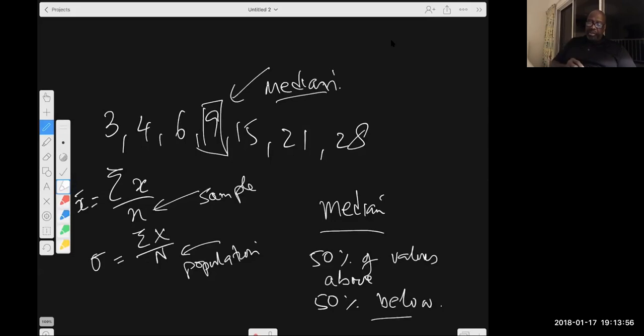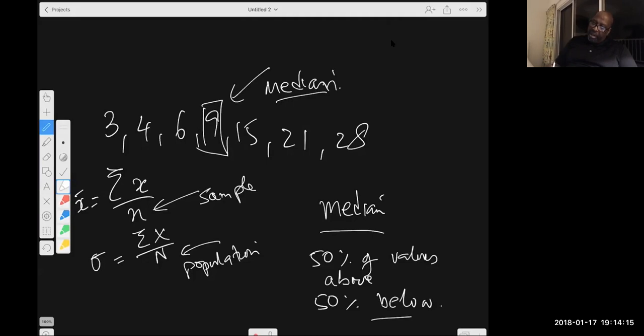Essentially, if we have an odd number of values, then it's just the middle number. If we have an even number of values, so say instead of 7, I had 8 numbers, then the median would be between the 4th and 5th numbers. Let me demonstrate what I mean.